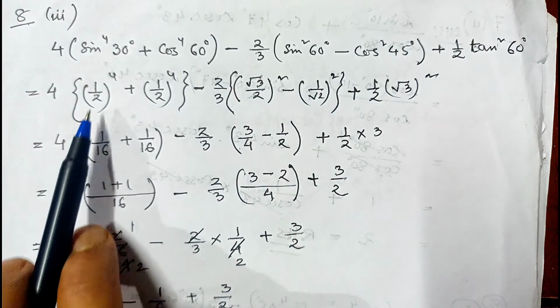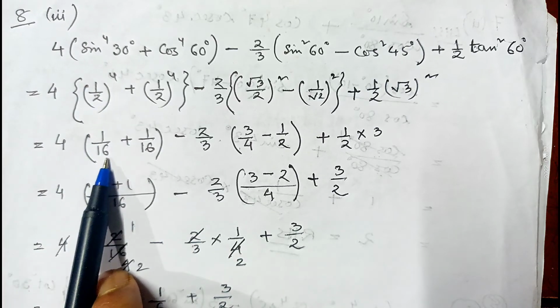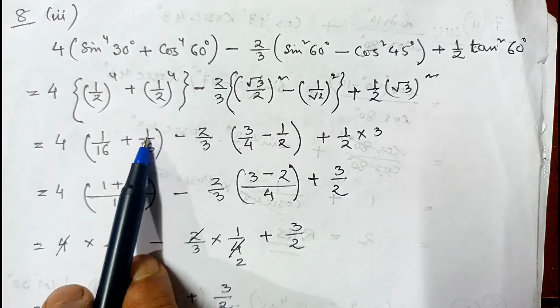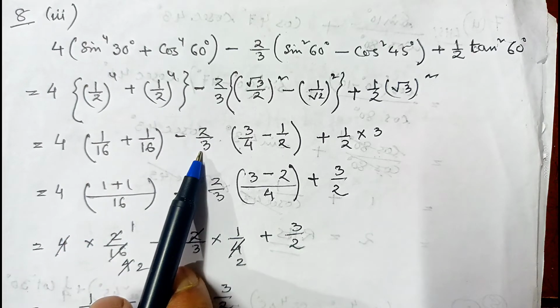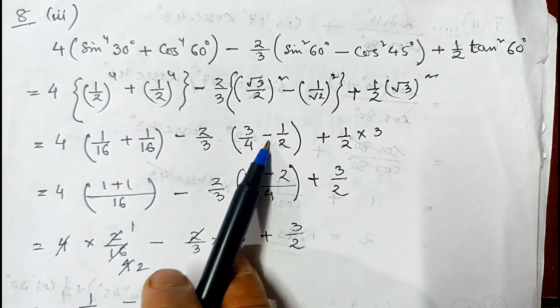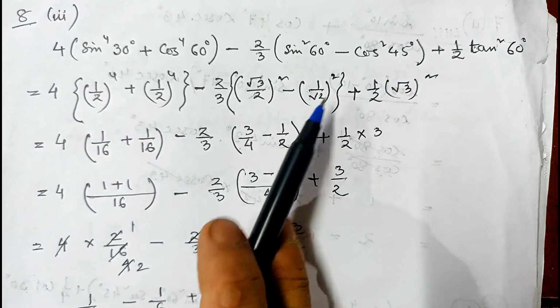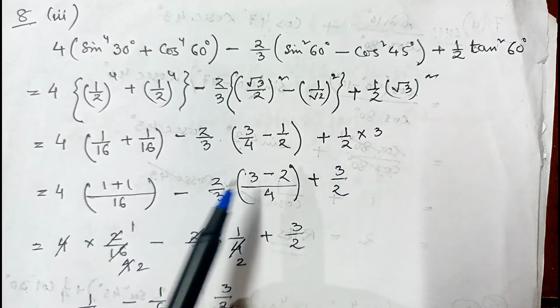So 4, 1 to the power 4 is 1, 2 to the power 4 will be 16 plus 1 to the power 4 1, 2 to the power 4 16 minus 2 by 3 root 3 square 3, 2 to the power 2 4, minus 1 square 1, root 2 square 2, plus half root 3 square 3.